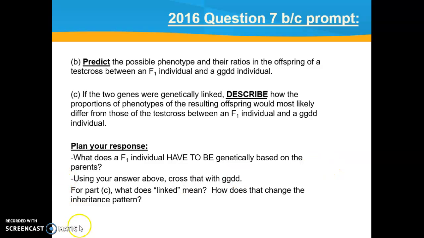Now, part B is asking you to now predict the possible phenotypes and their ratios if we cross an F1 individual with a completely homozygous recessive individual. This is just a Punnett square, right?